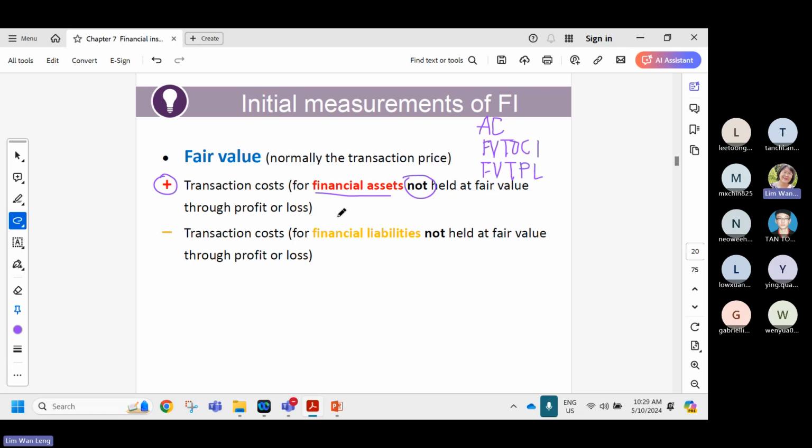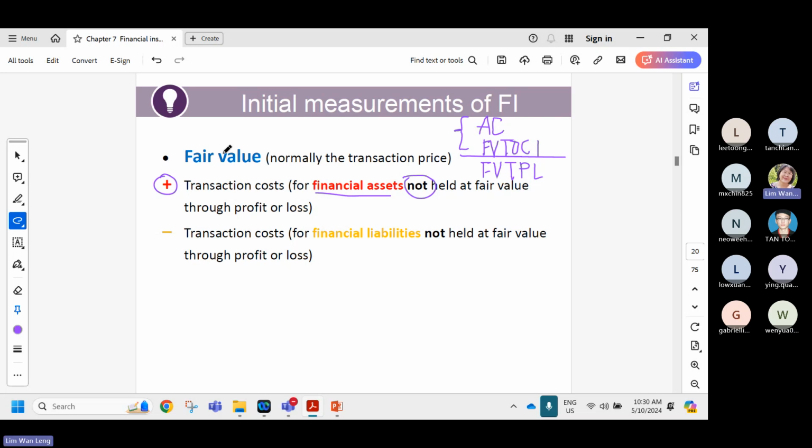So they tell you, so long that if you have financial assets, and the financial assets are held at amortized cost or held at fair value through the OCI, and if you have transaction costs, the transaction cost will be added to the fair value at the initial recognition.